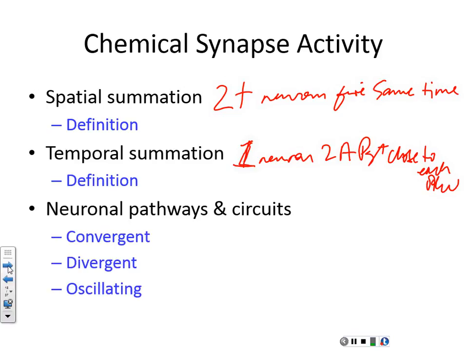Usually I ask about this in the exam: can you define for me spatial summation and temporal summation? Okay. All right. So in real life, the way these axons, these neurons are all connected to each other is such that sometimes you can have one that is bombarded by many. So you have many converging onto one, many going to few, right?